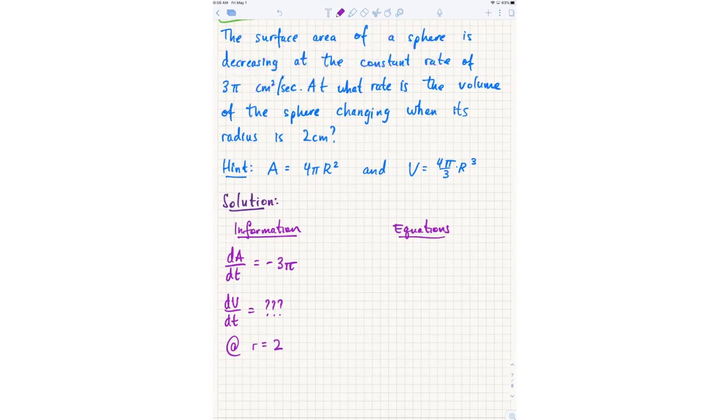So what about the equations? Obviously, we're going to use the two given equations, but there's more than that. Are there any other equations I should be writing down here?